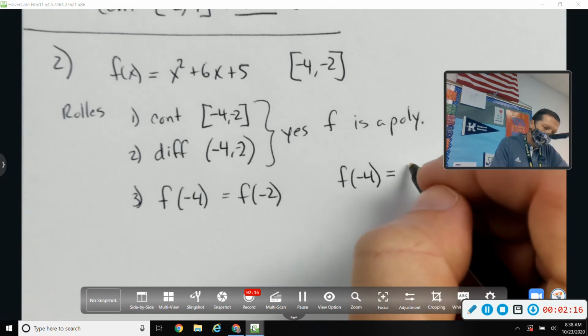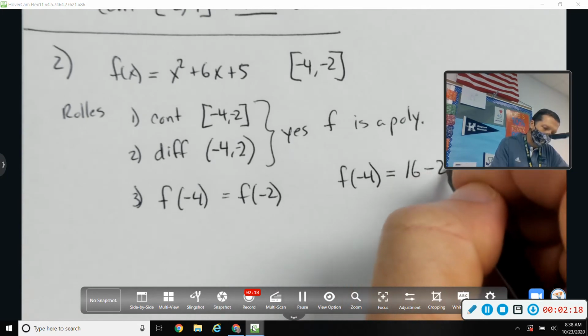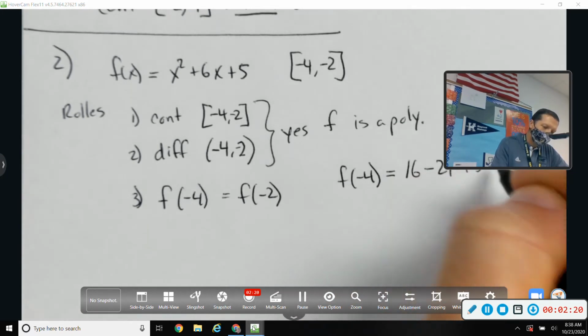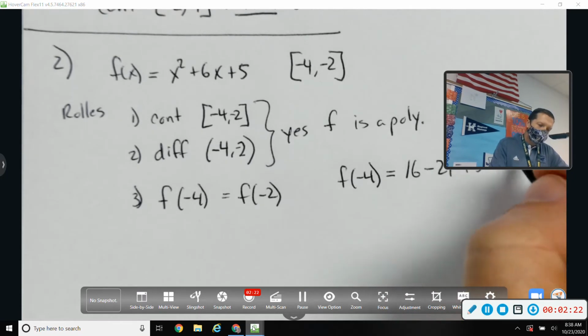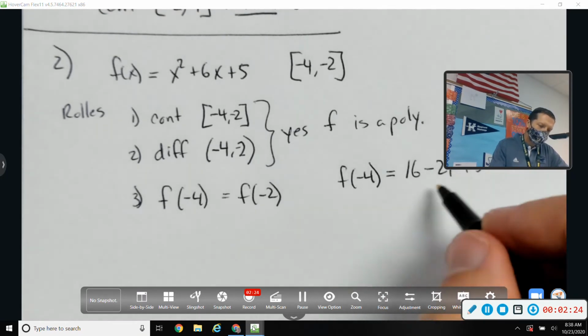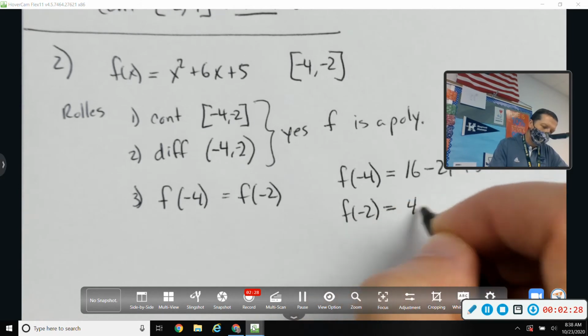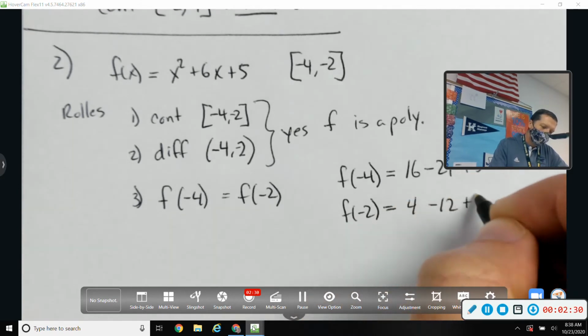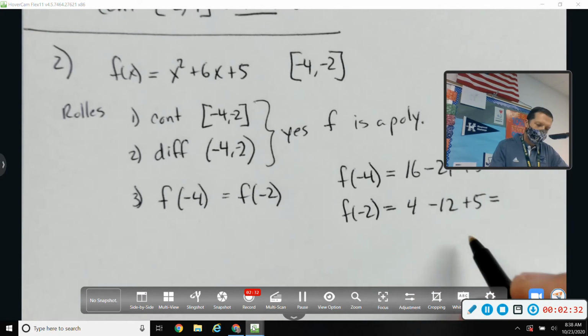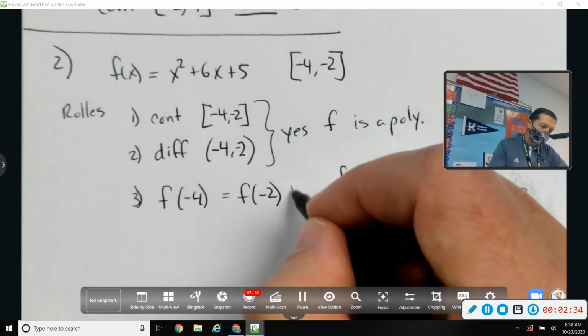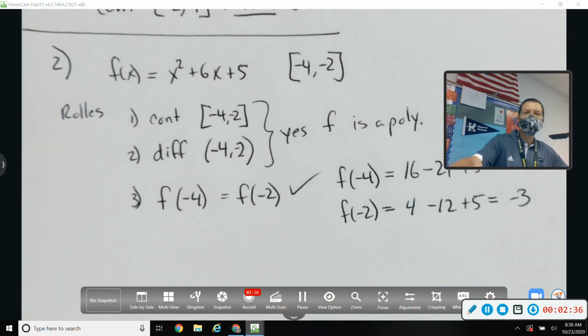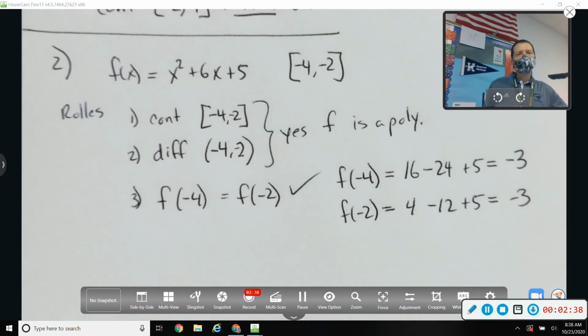f of negative 4 would be 16 minus 24 plus 5. That would be negative 3, I think. Yes. f of negative 2 would be 4 minus 12 plus 5. And that would be negative 3. So yes, we're good on the y values of the endpoints being equal.